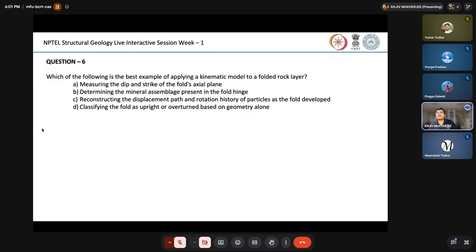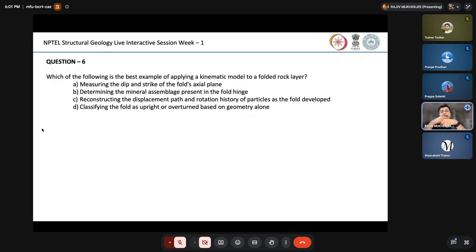understanding the kinematics should help. The information regarding the mineral assemblage present in the fold hinge will only be assisted if we know, prior to going to the chemical analysis, how the kinematics has evolved in that region.